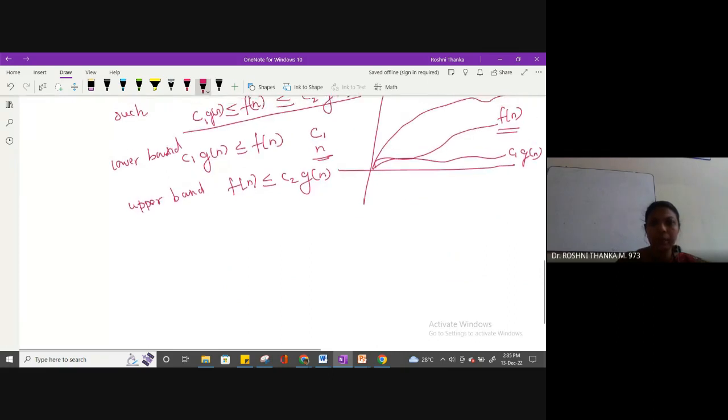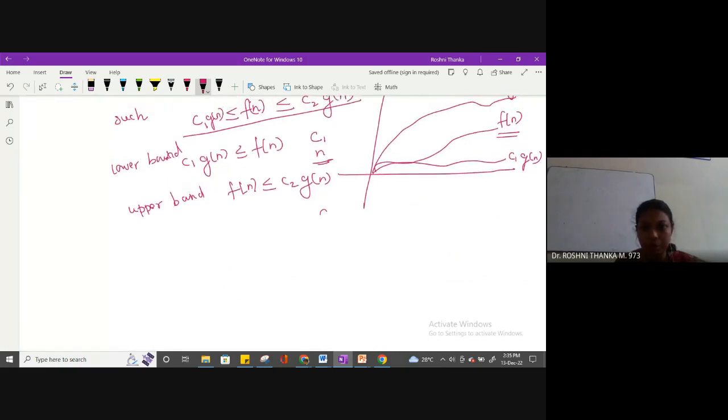Here also we have to find what the constant value c2 should be, and what the n naught value will be. So you have to substitute and find the constants c1 and c2 and the n naught value from which this condition goes true. Likewise you have to find the average case.